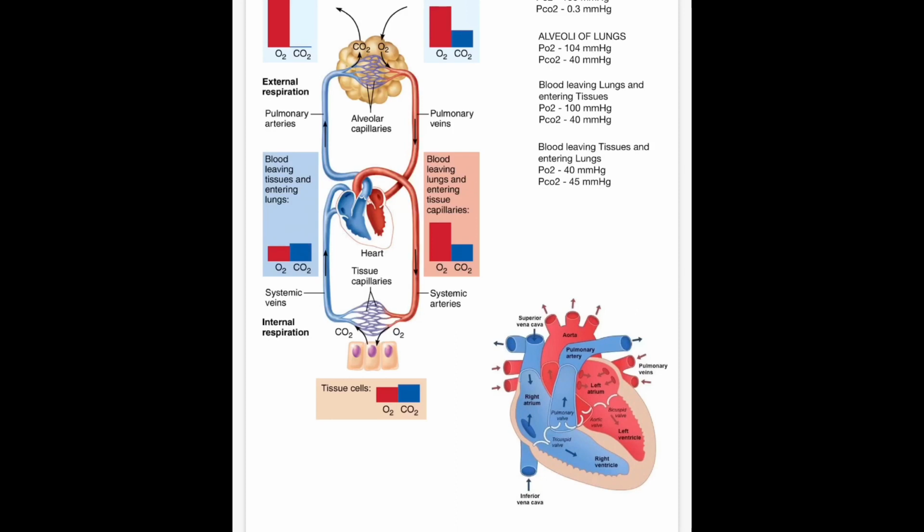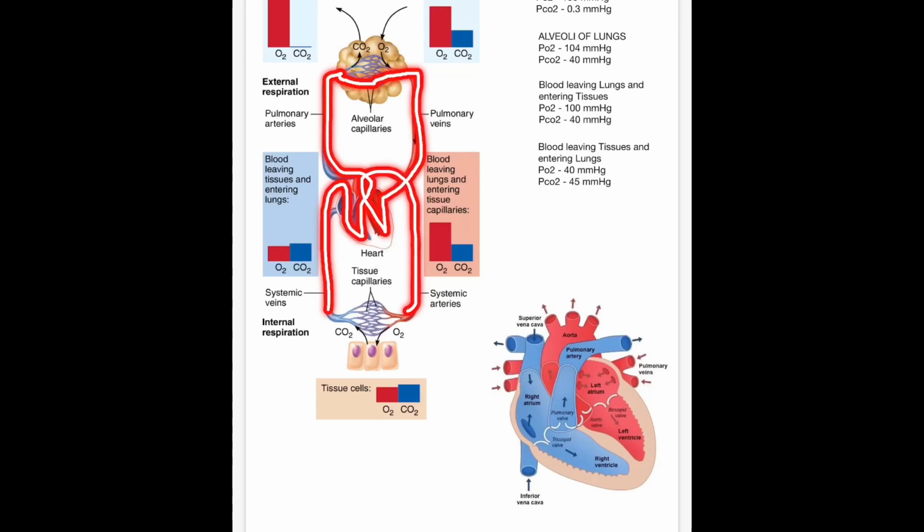Here you see the venous system, and deoxygenated blood is pumped into the right atrium and to the right ventricle, and from the right ventricle through the pulmonary artery to the pulmonary capillaries in the alveoli, where the blood is oxygenated, and the oxygenated blood is transported from the pulmonary capillaries in the alveoli through the pulmonary vein to the left atrium of the heart, from the left atrium to the left ventricle, and from the left ventricle to the rest of the body through the aorta, through the artery, then to the tissues.